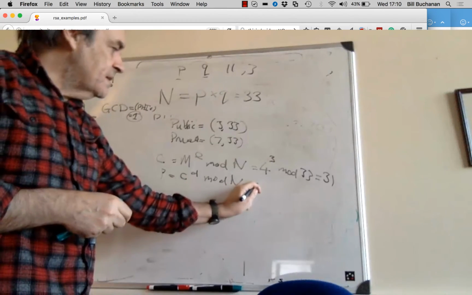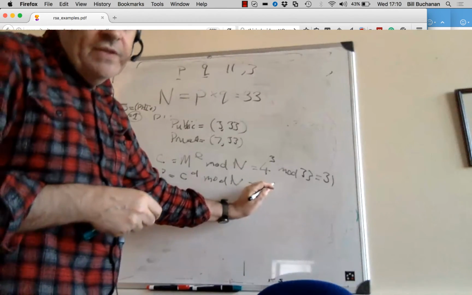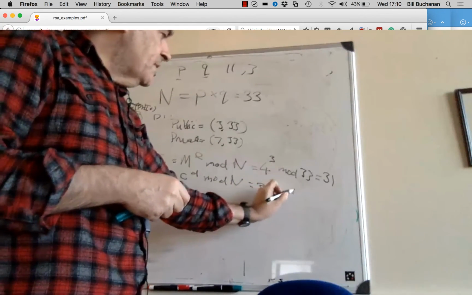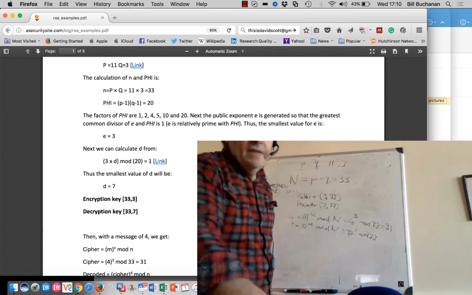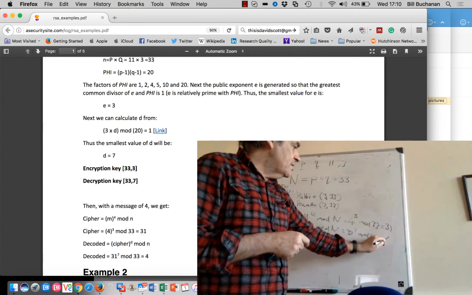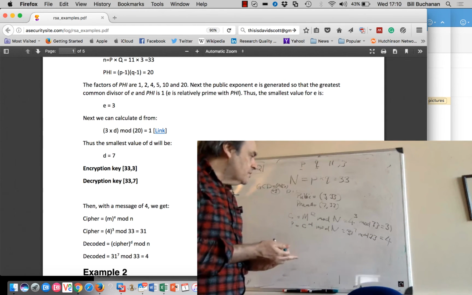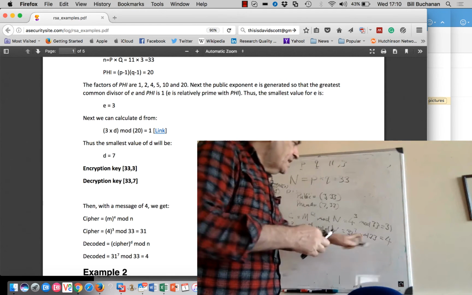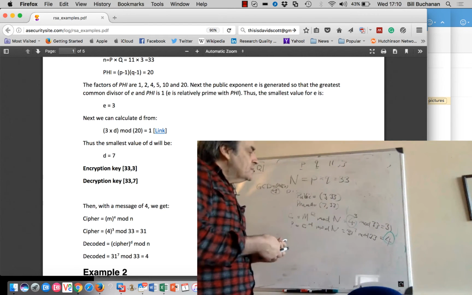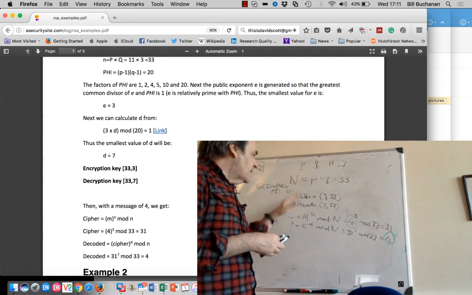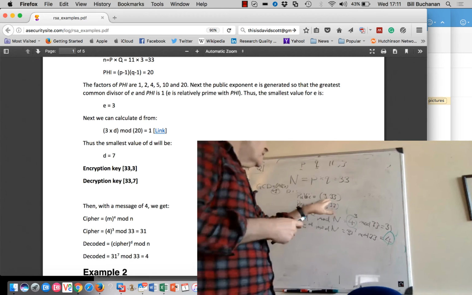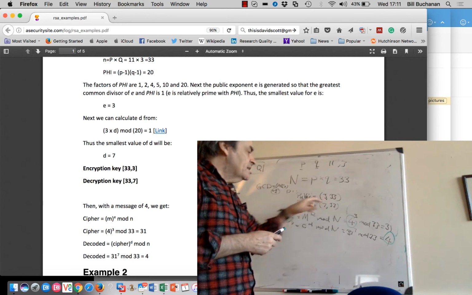We then take 31 and raise it to the power of d, which is 7, and then take mod 33. Hopefully we'll find that the value is 4, which is what our message actually was. In this way we can select our public key and our private key, and we share n and e.